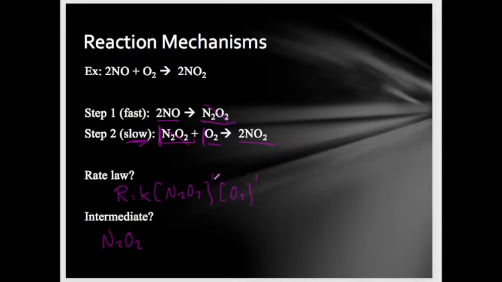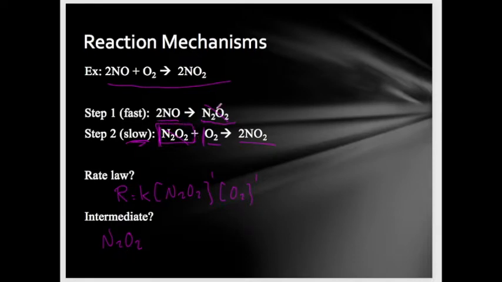But there's a big problem. Can you think about what the big problem is? Yeah, I've written a rate law that says that the rate depends on the concentration of something that doesn't even show up in the whole process, that the rate depends on the concentration of an intermediate. I don't want that. That is not a good rate law. In other words, N2O2 is my intermediate.